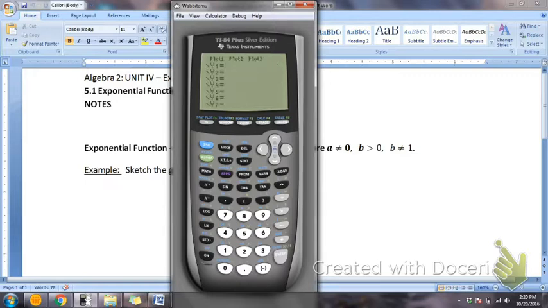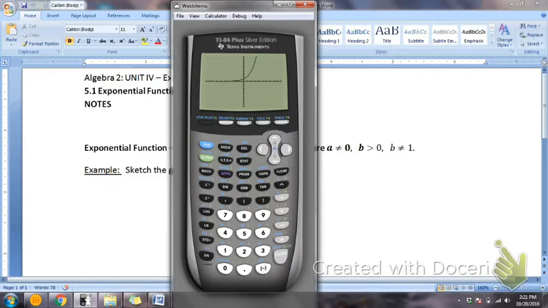You do not need to put the 1 in there. You're just going to do 2 raised to, so your little caret button, the x power. And then we're going to hit graph. This is what our graph should look like, a curve like this.